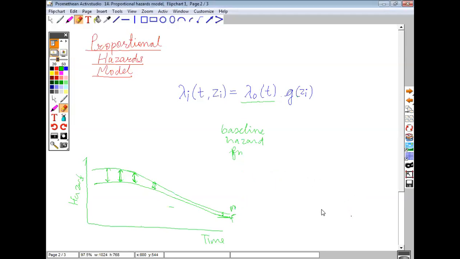But you have to keep in mind that the proportion here remains the same, because I'm seeing how my hazard function behaves with respect to time. So I hope that is clear. And this is why we have this name called proportional hazard models.